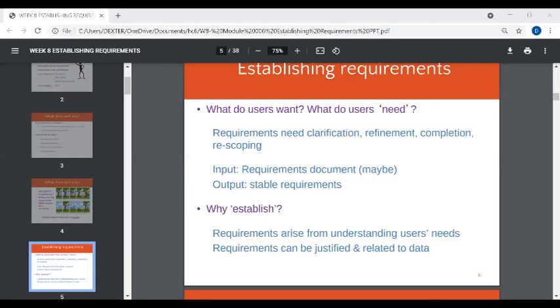The first two imply that requirements exist out there and we simply need to pick them up or catch them. Elicitation implies that others know the requirements and we have to get them to tell us.